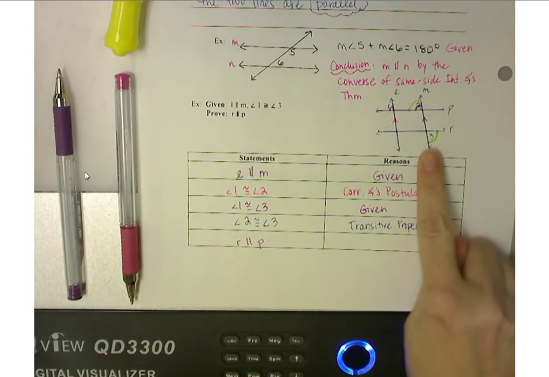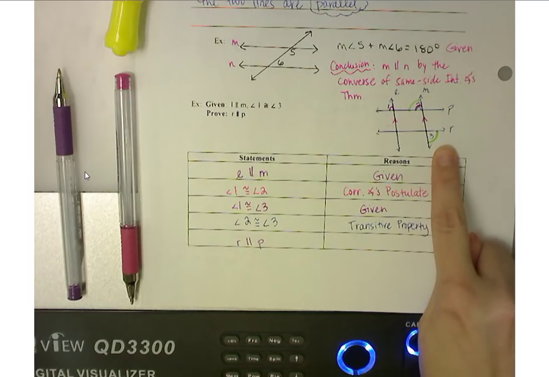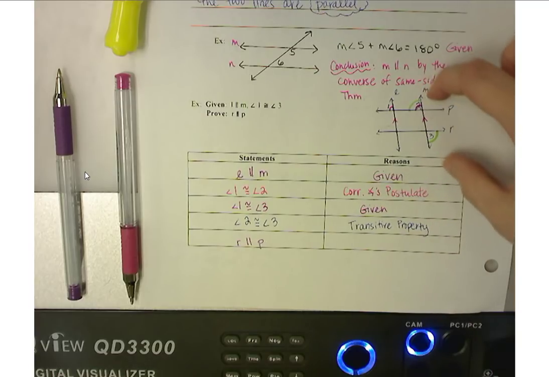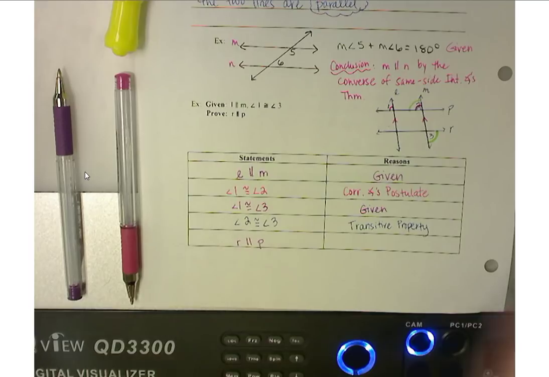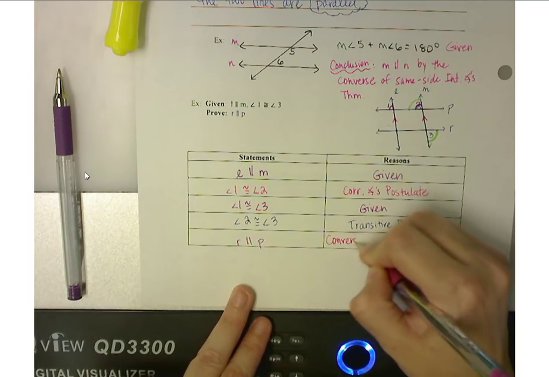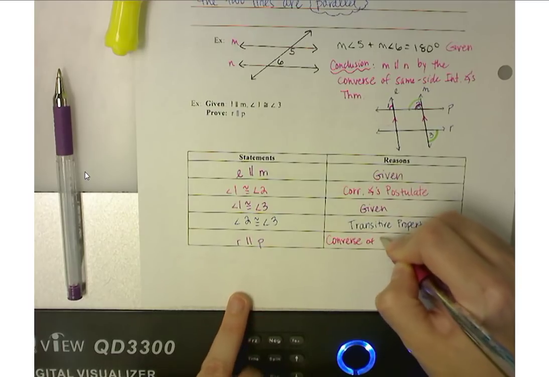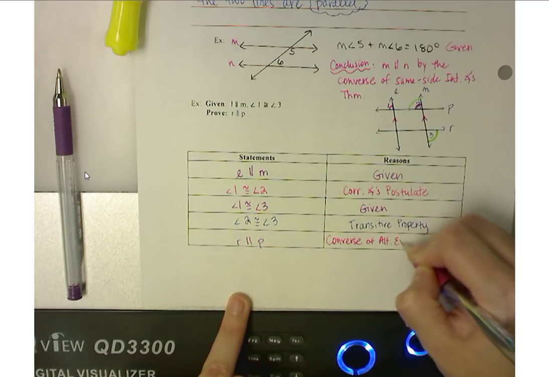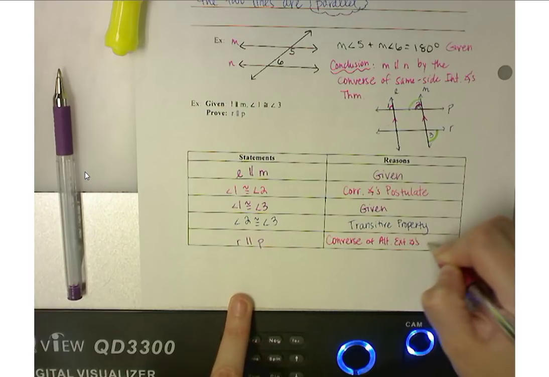Ask yourself, are they on the same side or opposite sides? Opposite. So they're either opposite exterior or opposite interior. Because they're outside P and R, they are alternate exterior. So we are going to use the converse, has to be the converse of the alternate exterior angles theorem.